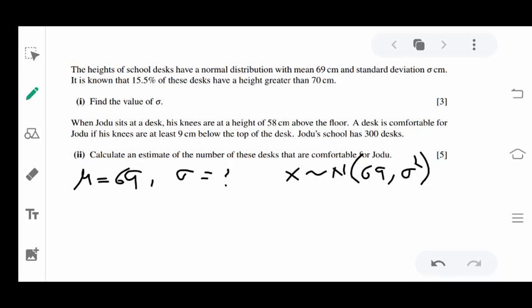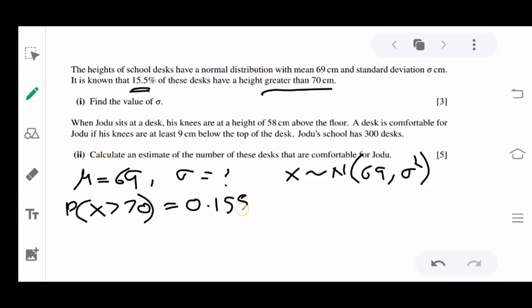It is known that 15.5% of these desks have height greater than 70 centimeters. So greater than 70 centimeters can be written as P of x greater than 70, which is 15.5% as a decimal, 0.155.